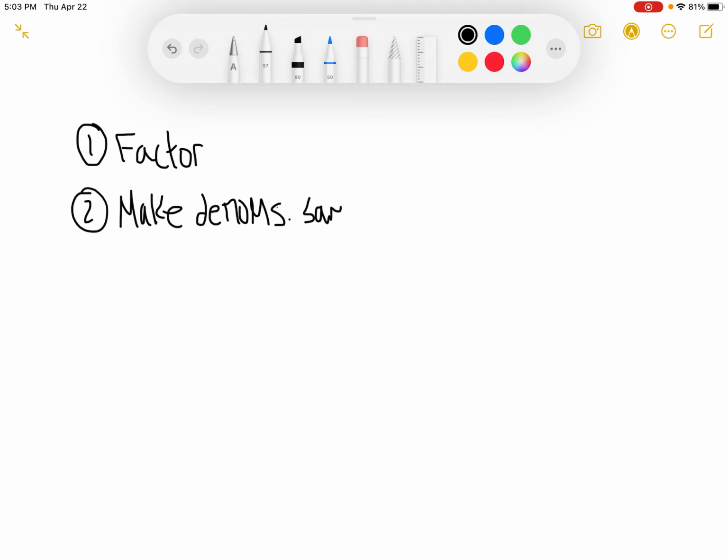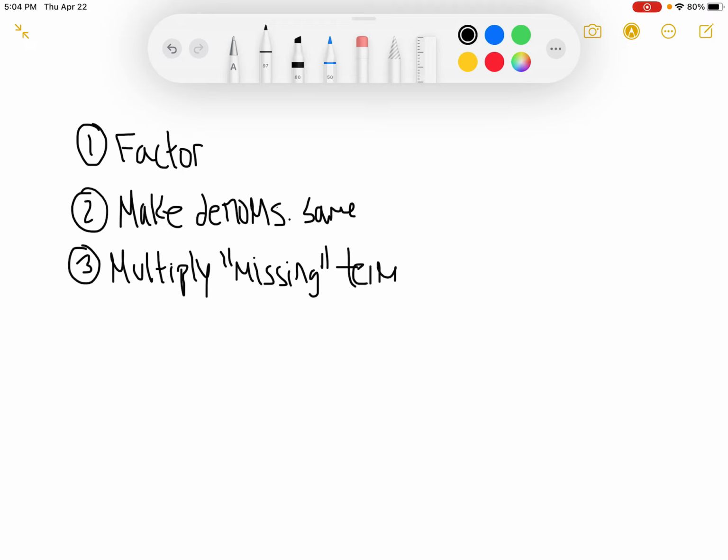And then you multiply the missing term by the numerator, and then you combine like terms.